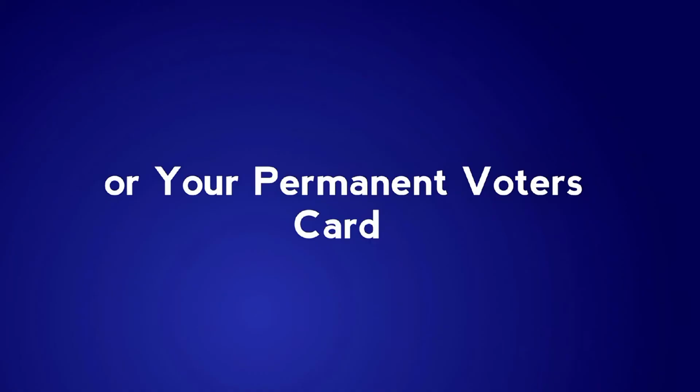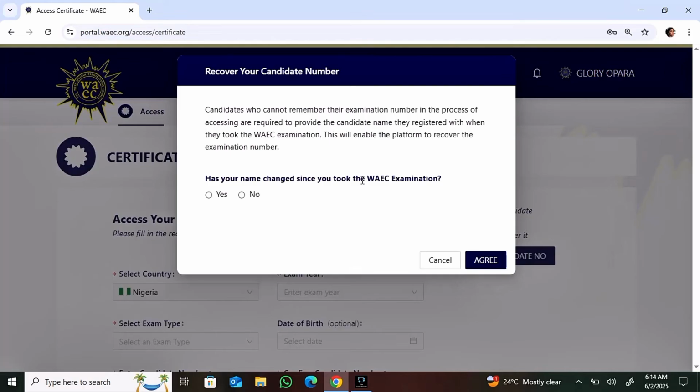Those are the two that I can remember. You'll be needing either of these to verify and cross-match your information. If your name has been changed, you can say yes, but if no, you can say no.